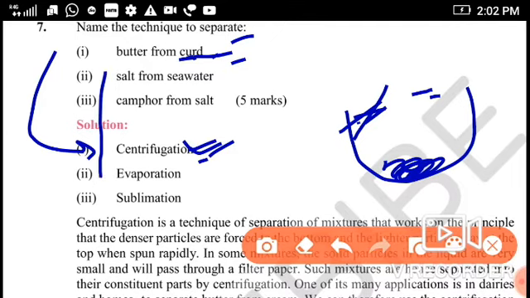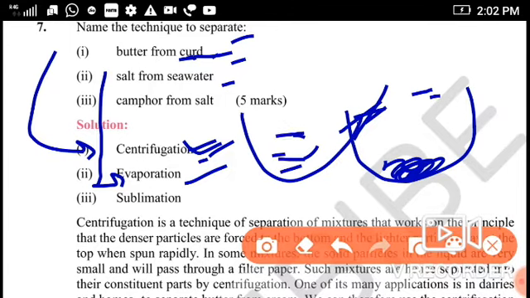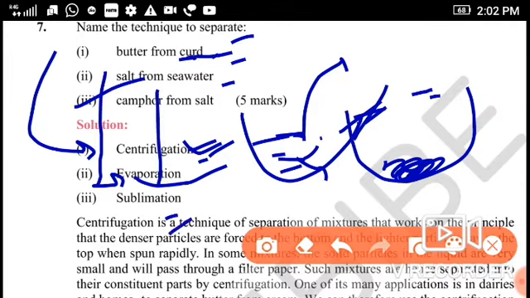Then the next process is salt from seawater. We use evaporation. When we evaporate, suppose this is water mixed with salt, then the water evaporates and salt is left behind as residue. Camphor from salt, we use sublimation. As we know, camphor is a sublimating substance.